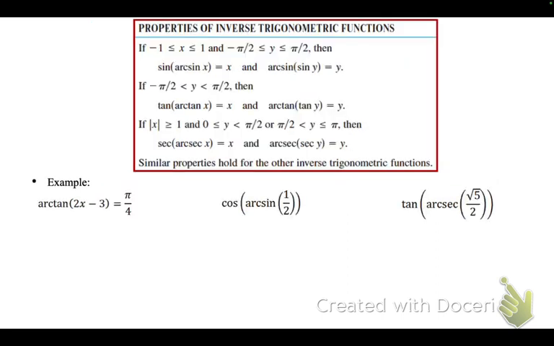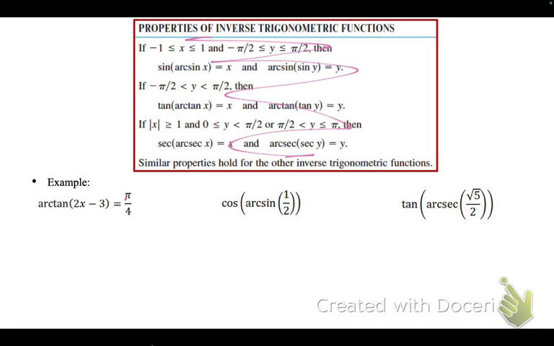Okay, this just says they undo each other. So arc tangent of 2x minus 3 equals pi over 4. So we're just finding.